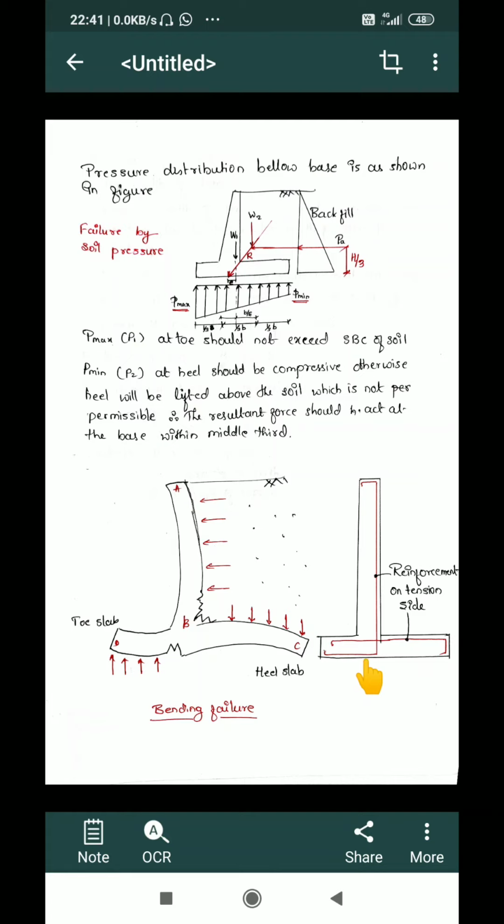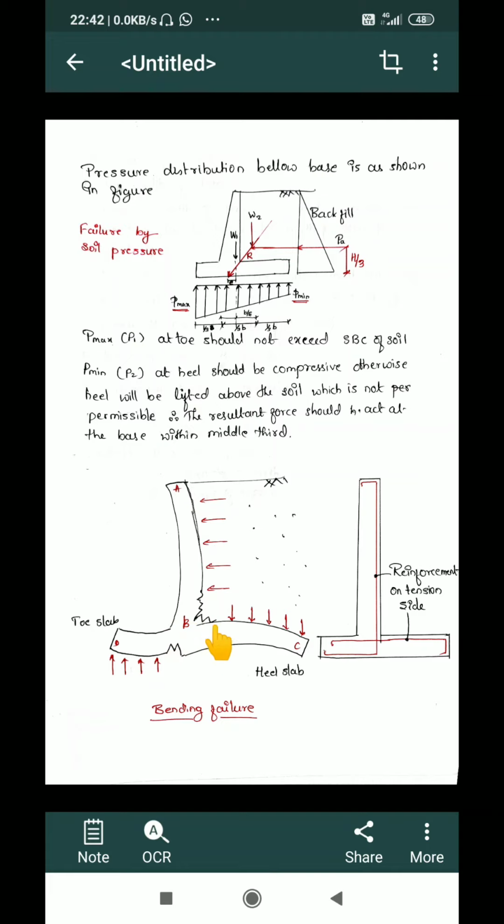The fourth type of failure mode is due to bending. We all studied that whenever there is a force or a pressure acting from this side, this stem will bend as a cantilever, as well as the heel and the toe.